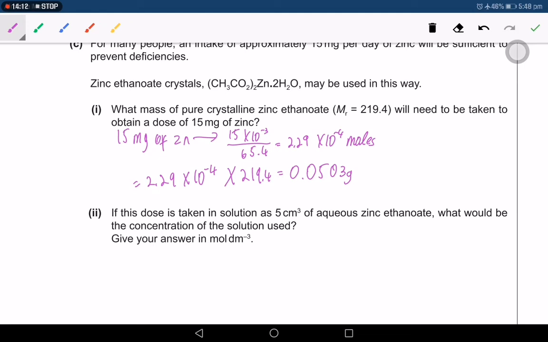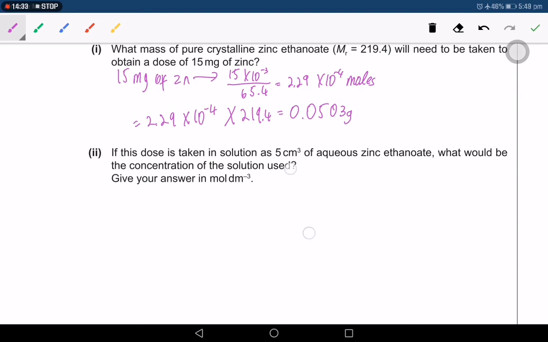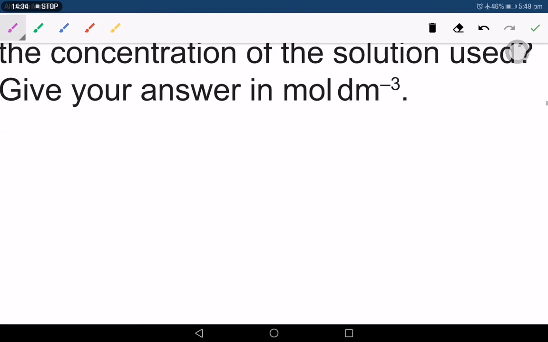So you will need 2.29 times 10 to the power negative 4 moles in 5 centimeter cube, right?